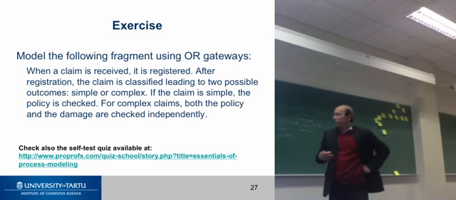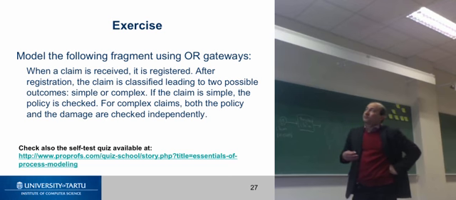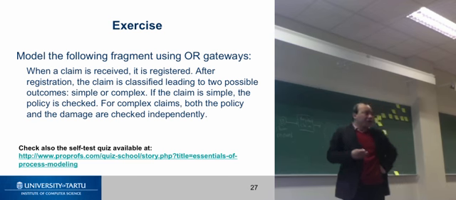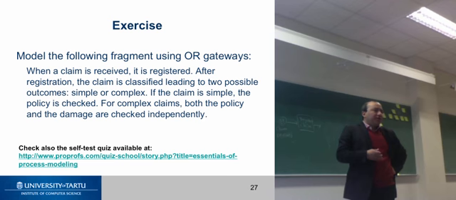For the OR gateways, we need to define the arcs. Like in an XOR split, you have to give conditions to the outgoing arcs. Funnily enough, one of them has to be a default flow.